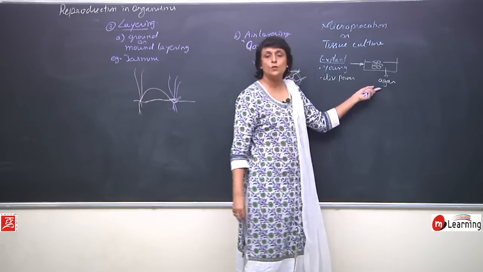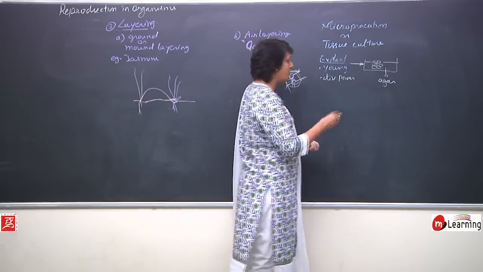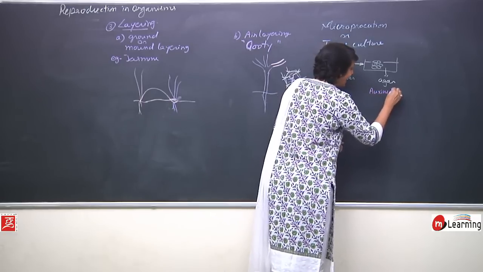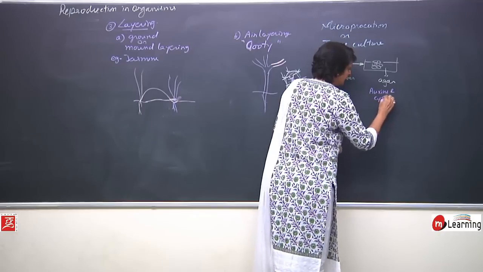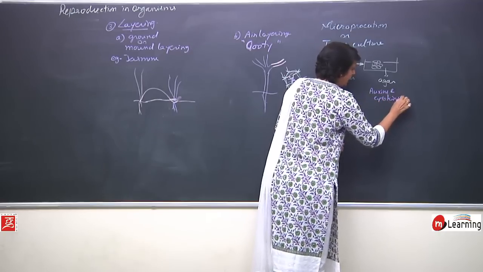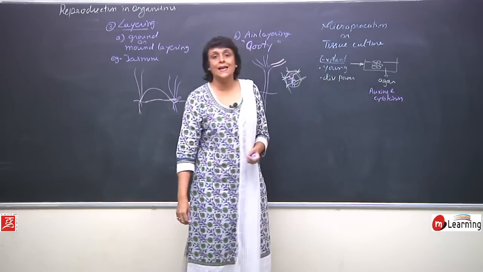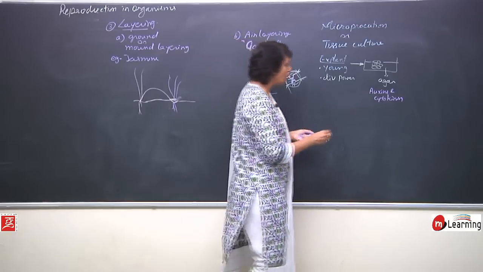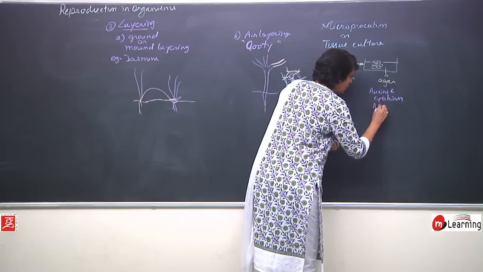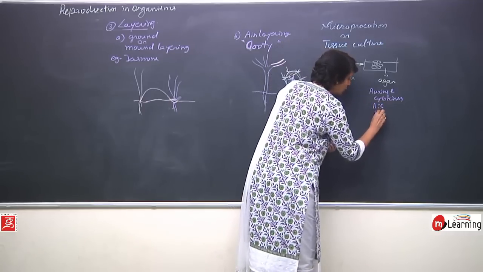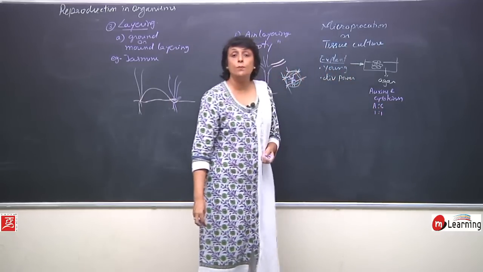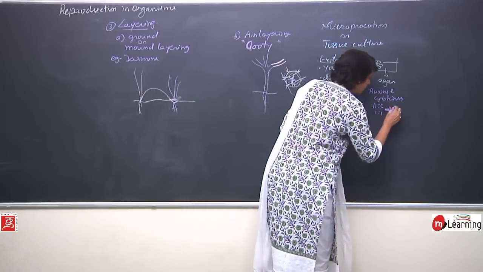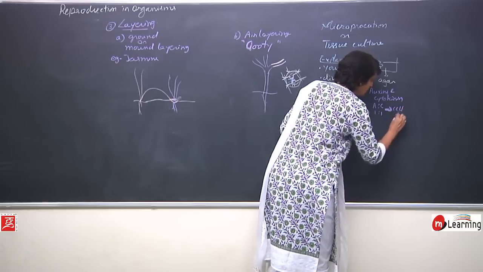The phytohormones which are added in the beginning are two, auxins and cytokinins. When auxin and cytokinins are added in same quantity in the ratio of 1:1, that is auxin to cytokinin is 1:1, this promotes simple cell division. So, this favors cell division.